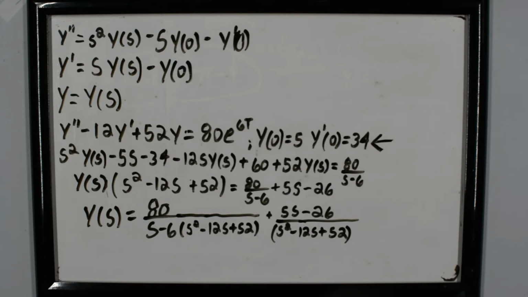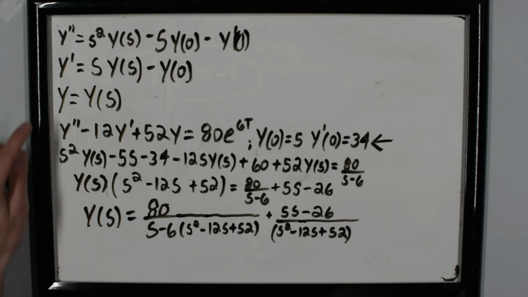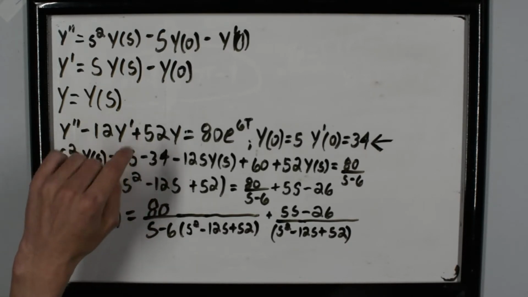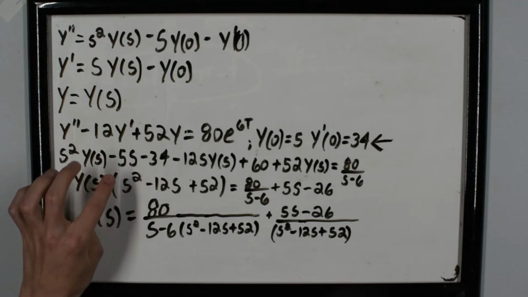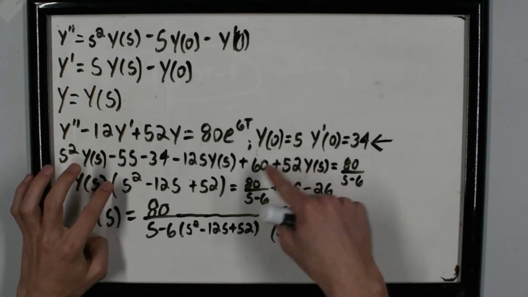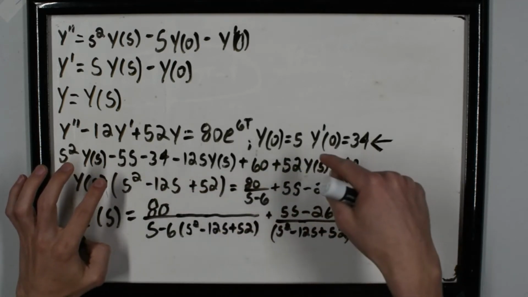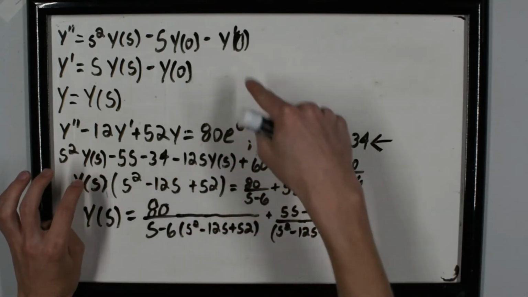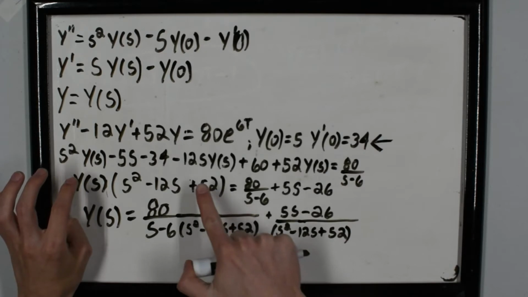The first thing we need to do is find the Laplace transform of all the terms. So y double prime is equal to s squared Y of s minus s times y of 0. Well, y of 0 is 5, so we have negative 5s minus 34, or y prime at 0, which is 34.